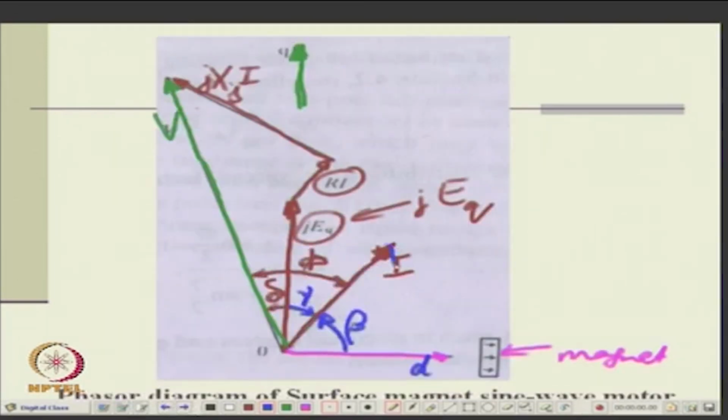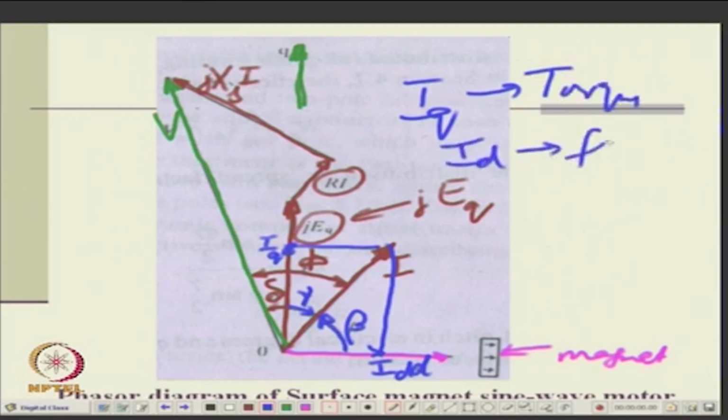So, this will be ID and this will be IQ. And you know what is the role of ID? ID will be magnetizing, it will be in line with the flux, and IQ will be in line with the voltage. So, IQ is the torque producing component, and ID is the flux producing component, right. ID is aligned with the flux, and IQ is a torque producing component because that is quadrature to the flux.